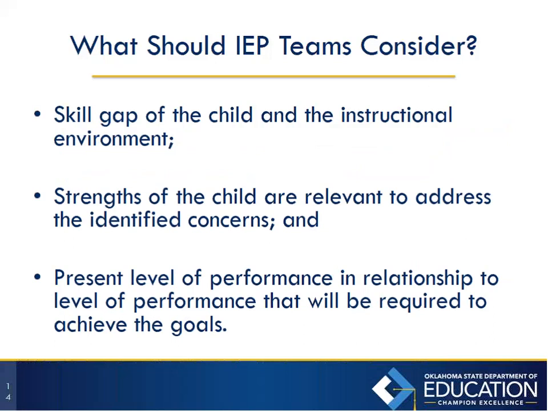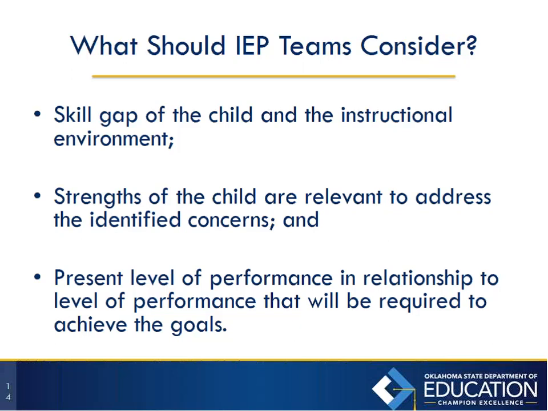When we're looking at an IEP, we all know that we're gaining that information on assessment results to know where the student is currently performing. That evidence allows us to know where the student is currently performing and the level of gap between same age peers.